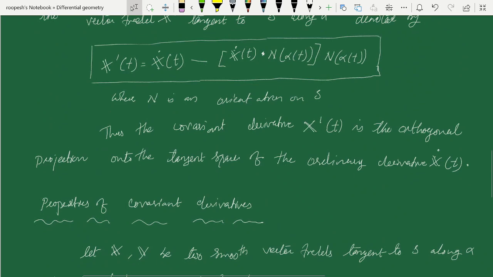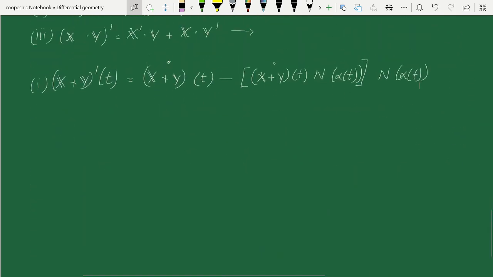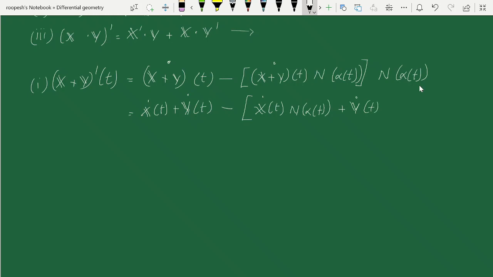Now we can split this. That's equal to X dot of t plus Y dot of t minus, again splitting, X dot of t dot N of alpha of t plus Y dot of t dot N of alpha of t, times N of alpha of t.